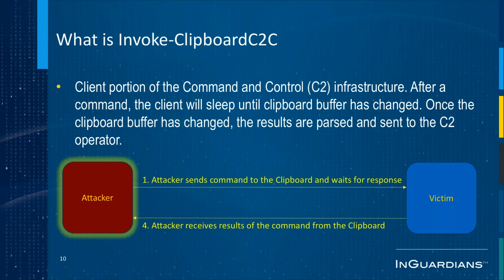The client, Invoke-ClipboardC2C, has two tasks it can do: send the command to the clipboard and wait for a response. Once the victim has finished its process, it sends that request back, and the attacker receives the results of the command from the clipboard, which is that command and control back and forth.